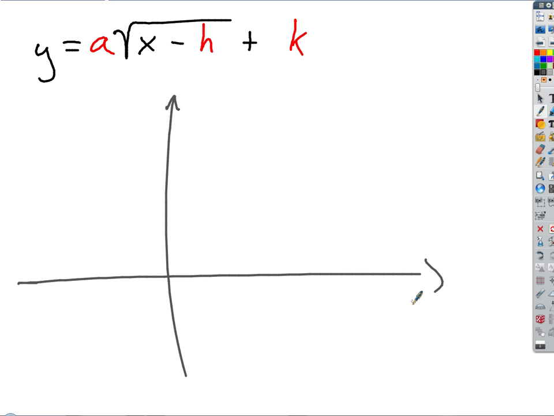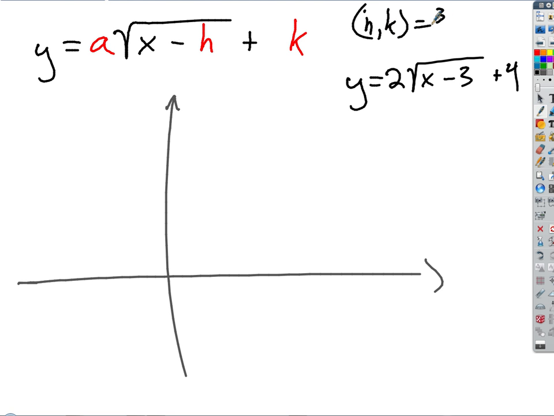So for example, if we wanted to graph something like y equals 2 times the square root of x minus 3, plus 4, then that just means that we're going to go over to the point h, k, which is 3, 4.